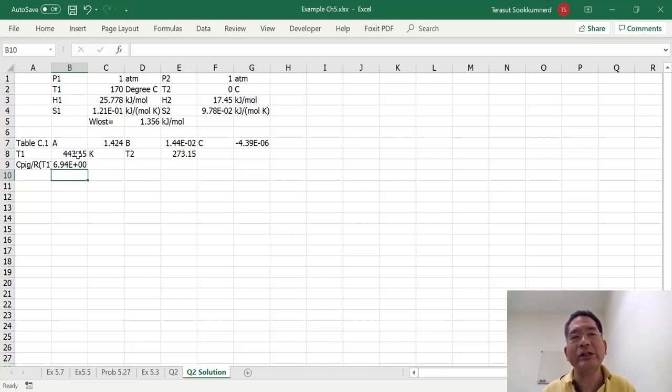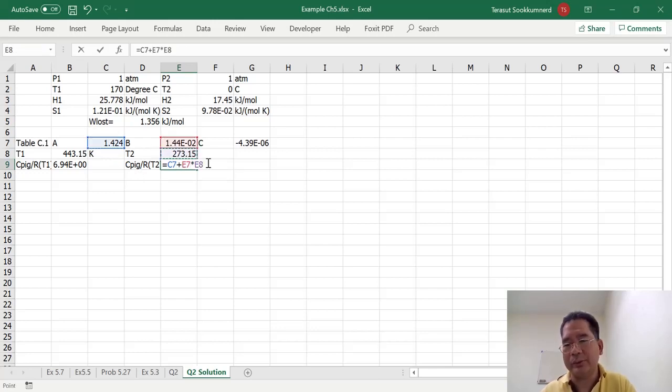So CPIG over R is 6.94, and CPIG over R at the temperature T2 will become the following: A plus B times T2 plus C times T2 squared.